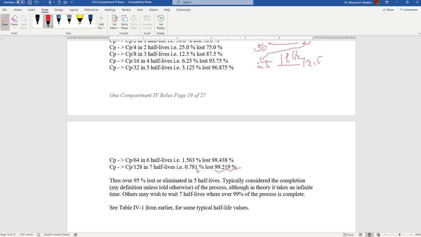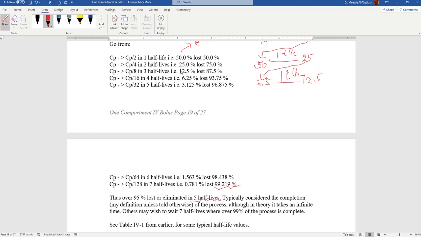Now in general, and this is in many textbooks, for practical purposes we consider the drug to be eliminated after the passing of 5 half-lives. 5 half-lives means more than 96% of the drug is lost and the remaining is less than 5%, that is 3.125%.